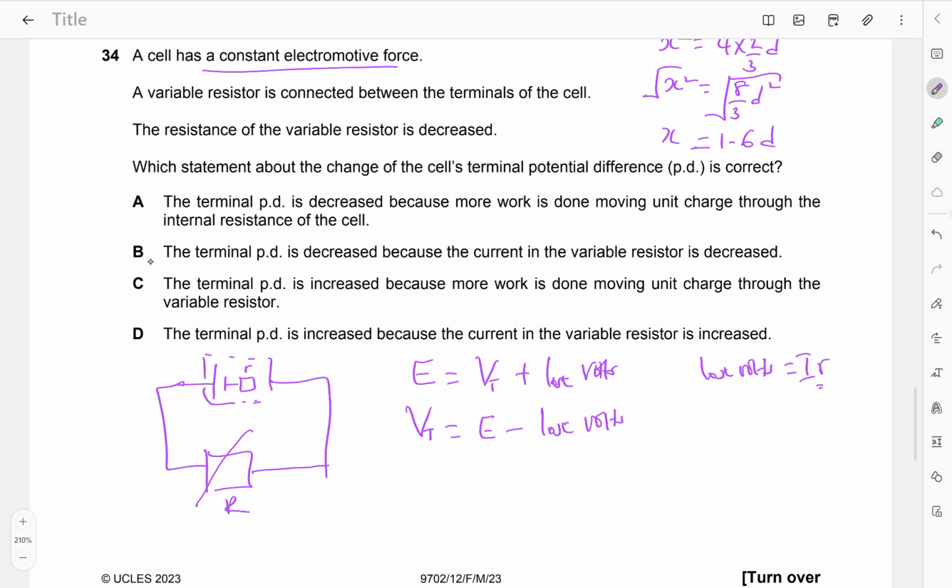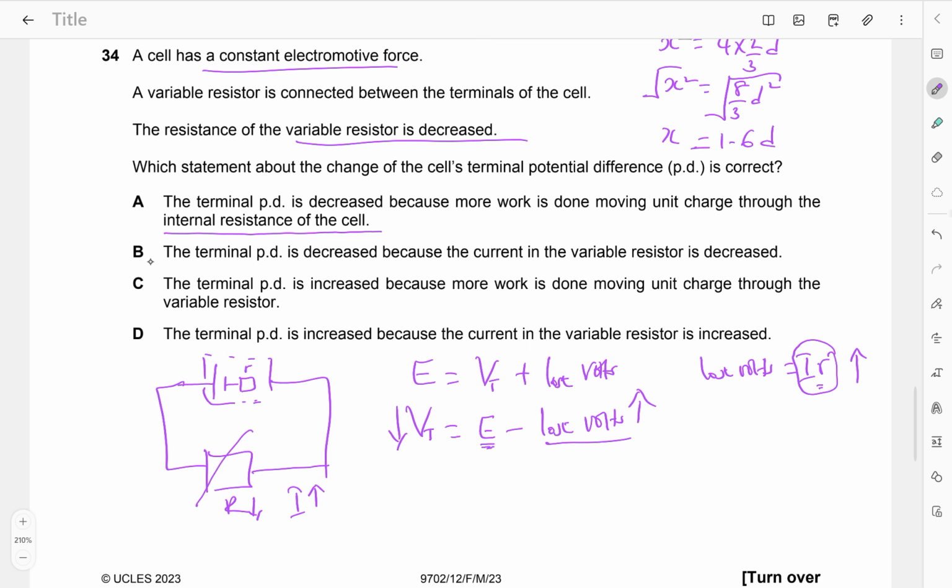When the variable resistance is decreased, when R decreases, the current in the circuit increases. So the current through the battery increases, and when I increases, the lost volts increases. When the lost volts increases, remember EMF is constant, so the terminal PD decreases.